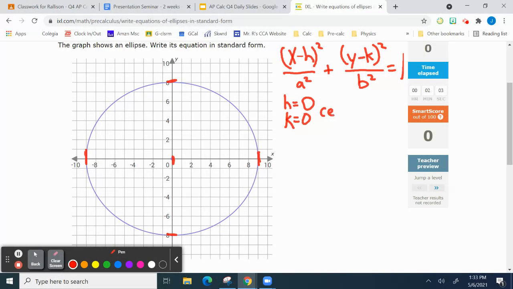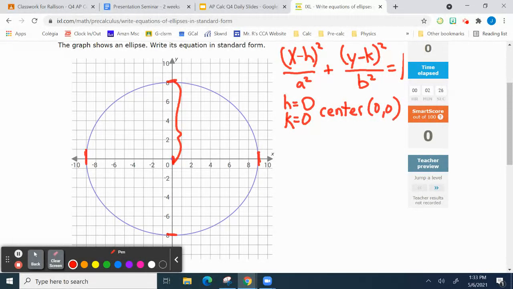So that means the center, because you go halfway between, right? If that 8 from 8 to -8 is 16, and half of 16 is 8, so then you go from here down 8, and that's where the center is. So the center is 0, 0. And we're halfway there already, right?